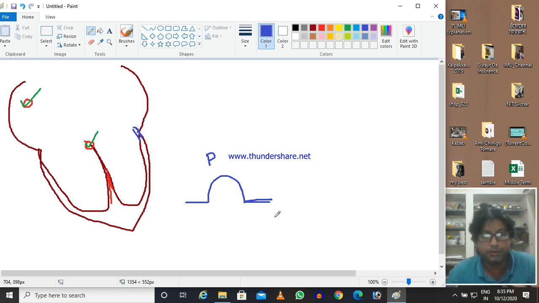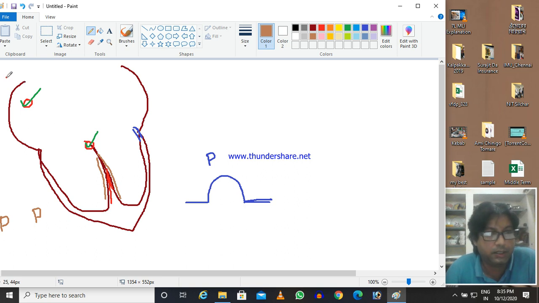Now the pulses, once they cross the AV node, reach the septum, where this is your left bundle branch and this is your right bundle branch. One more thing I should tell you, a very simple concept: when a positive wave travels towards the positive electrode, it creates a positive deflection.